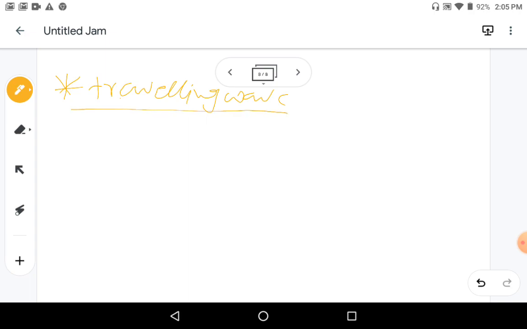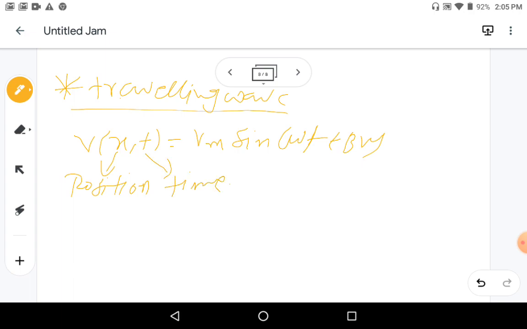If we have a function with respect to position and time, that means v of x,t equals Vm sin of omega t plus beta x, where x is position and t is time.